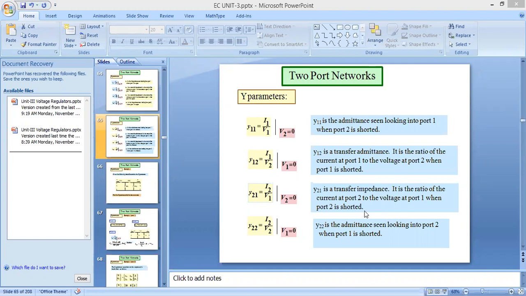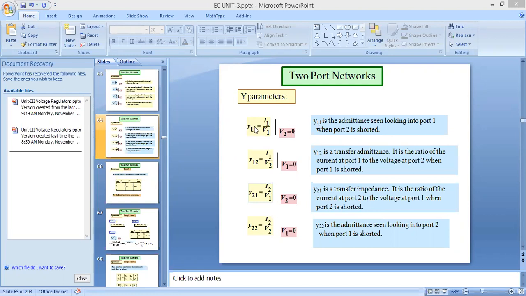So you will get the equations in the form of V1 and V2 for the values of I1 and I2. If you consider only one port and the other port as a short circuit, meaning if you consider the input and output port as shorted, you will get the equations for the admittance like this.